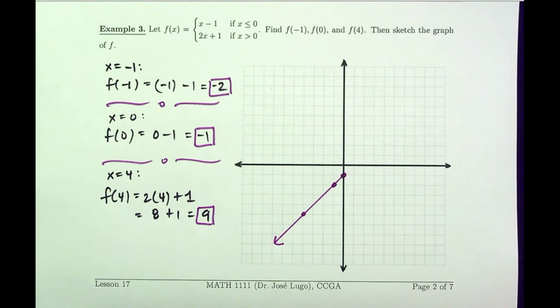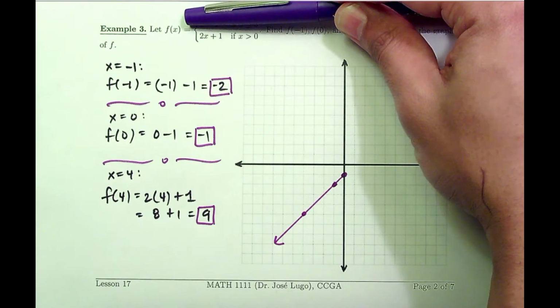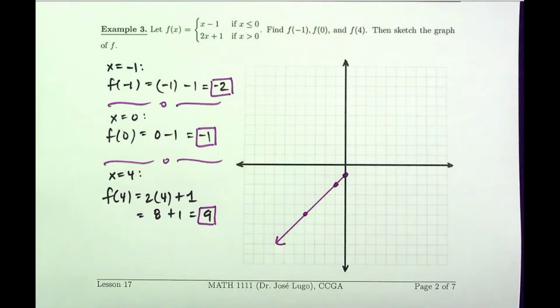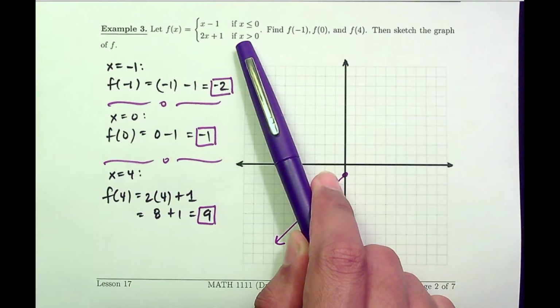Now let's draw the graph of the lower piece. The graph of the lower piece, again, if I didn't have the top piece, would be a line as well. But now we're only going to need the part of the line for x bigger than 0. So the beginning of that line happens when x equals 0.